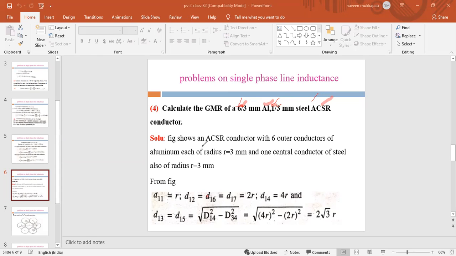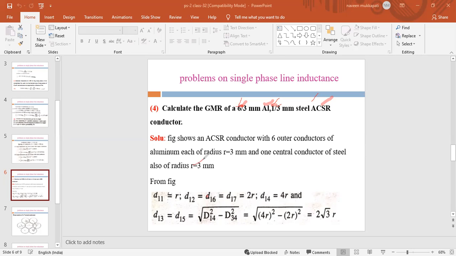That is, the figure shows an ACSR conductor with 6 outer conductors of aluminium, each of radius 3 mm, and 1 center conductor of steel, also of radius R equal to 3 mm.